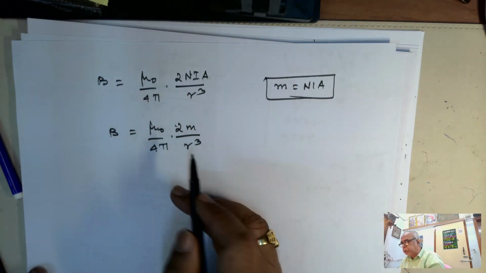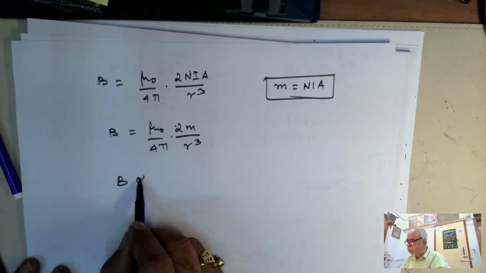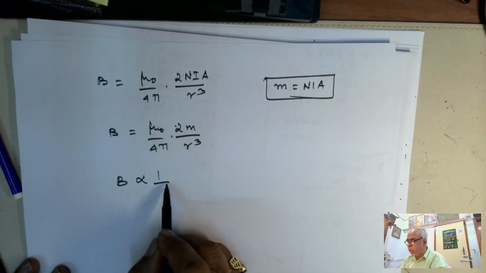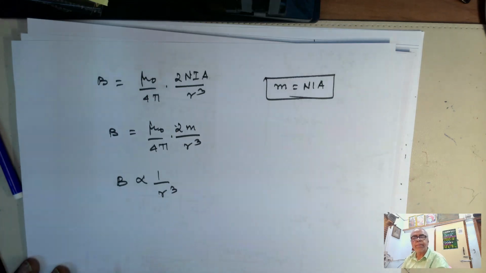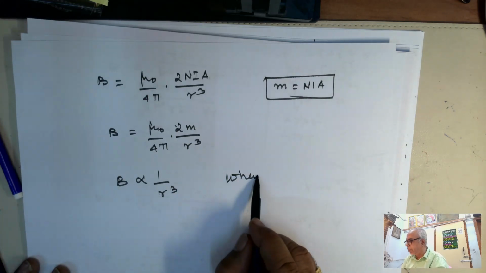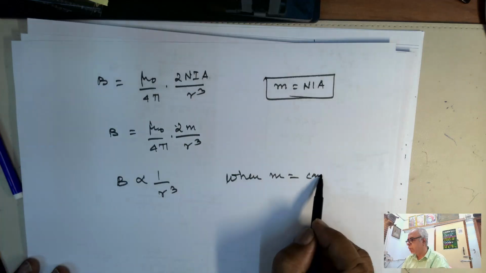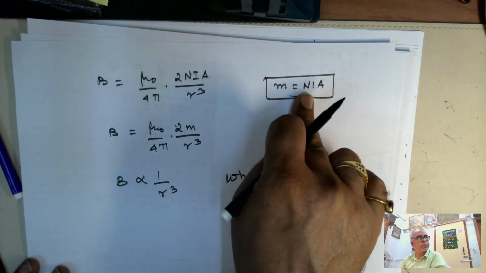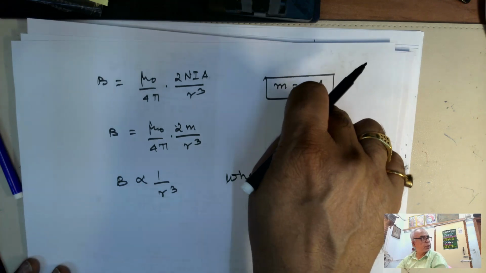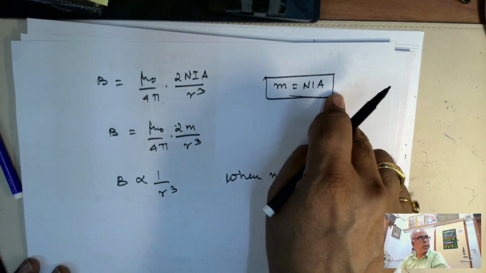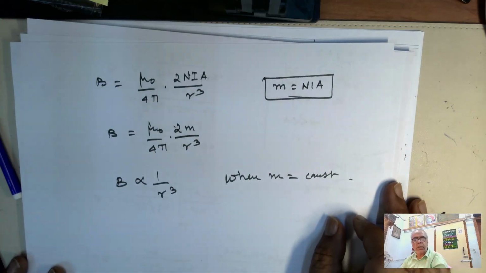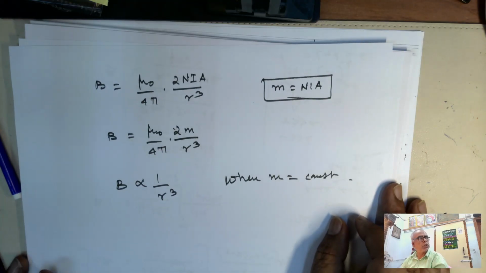And we will finally show that B is proportional to 1 by r cube when m is constant. How is m constant? Fixed number of turns N, fixed current I, and A, area of cross section of the solenoid, or area enveloped by the coil in the solenoid.